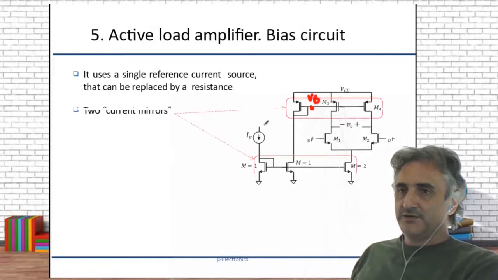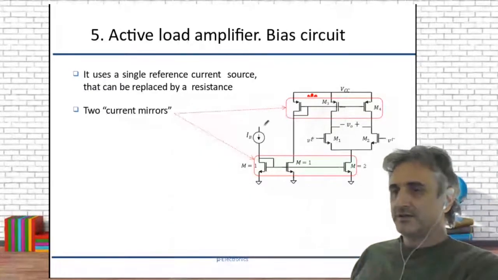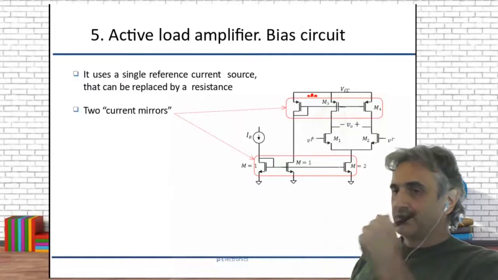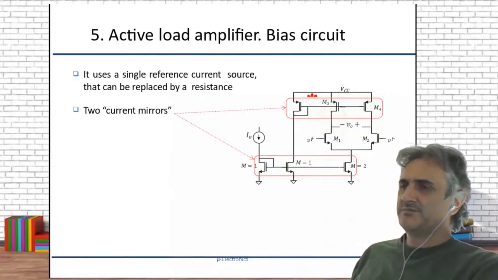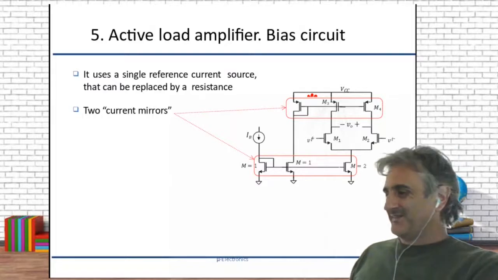We do that by using something called current mirrors. Do you remember current mirrors? I think you studied them somewhere, but they didn't tell you that they were very important. It rings a bell.